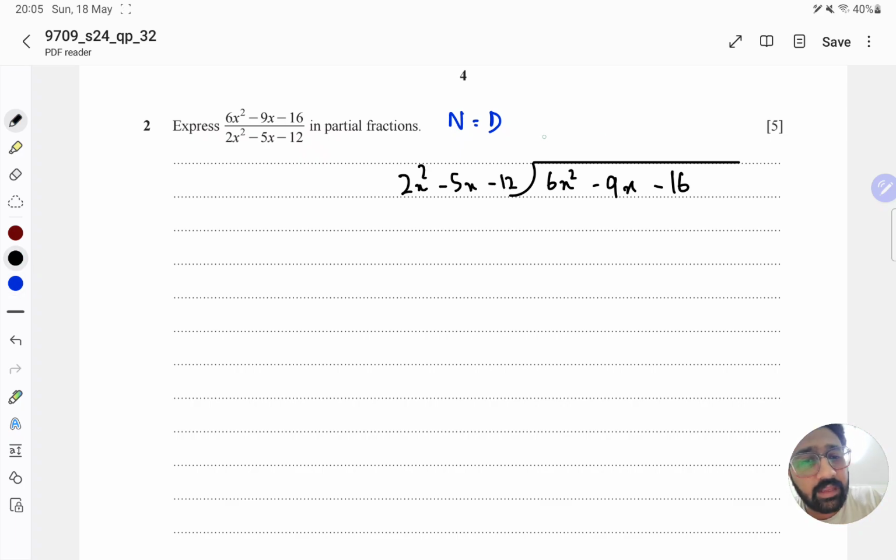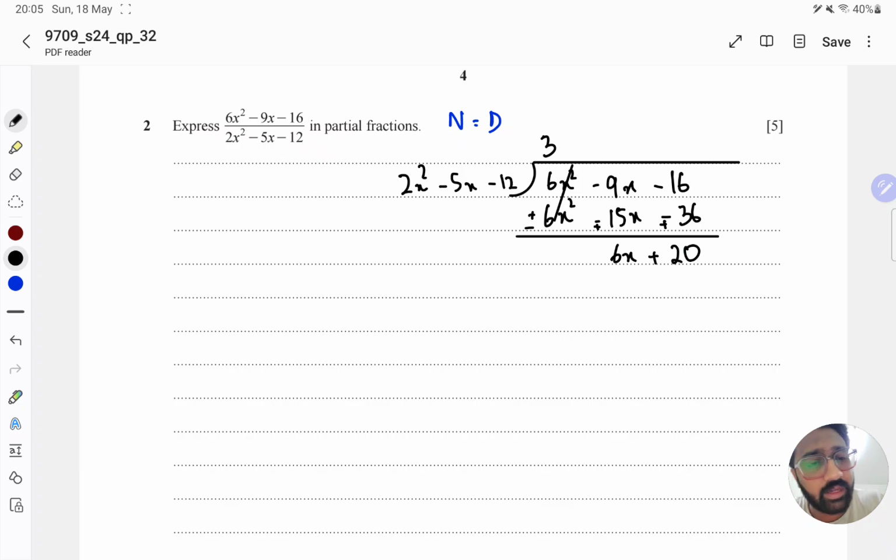After that I'll multiply it with 3, so it will give me 6x square minus 15x minus 36. I'll change the signs, and the 6x square and 6x square will cancel out. Minus 9x plus 15x will give me 6x, and this will give me 20.